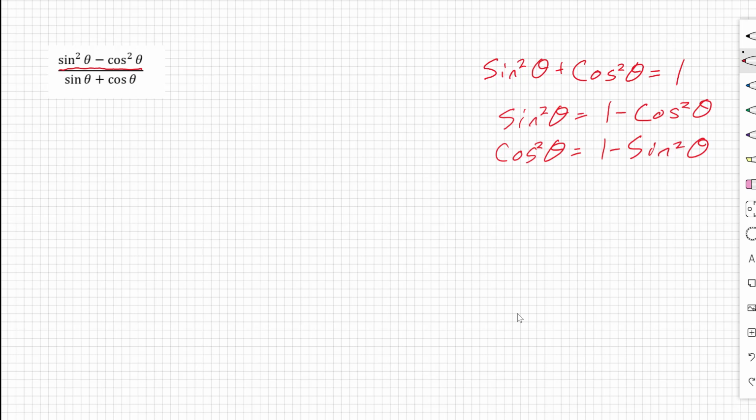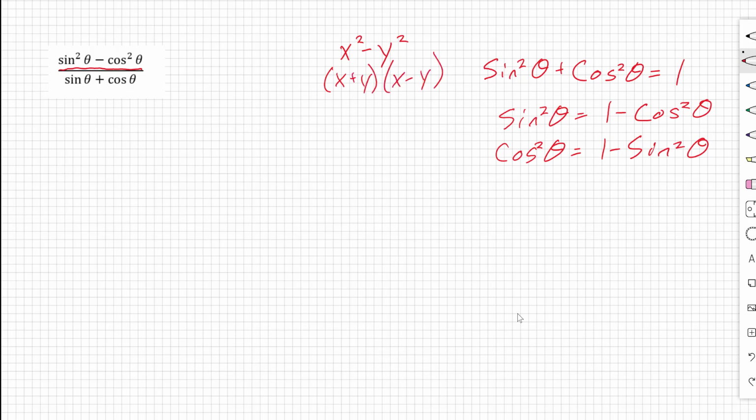One of the things we want to look for when we're trying to verify identities or simplify trig expressions is to look for opportunities to factor, look for opportunities to get a common denominator, that kind of thing. And in this case, sine squared minus cosine squared, I don't necessarily know if that'll factor, but I do know that if I were to think of it this way, x squared minus y squared, that does factor. That's x plus y times x minus y, right?